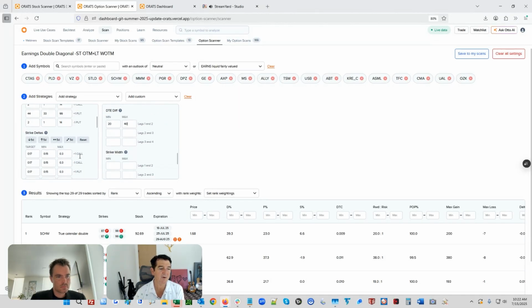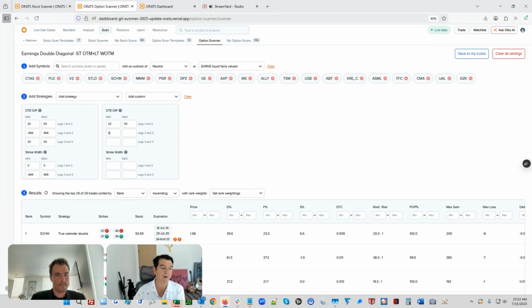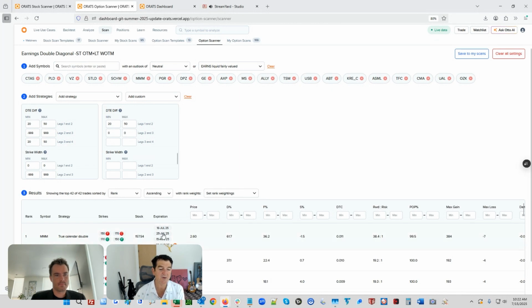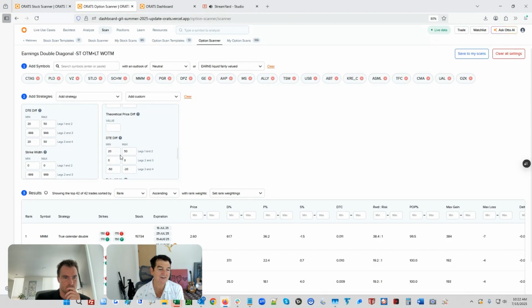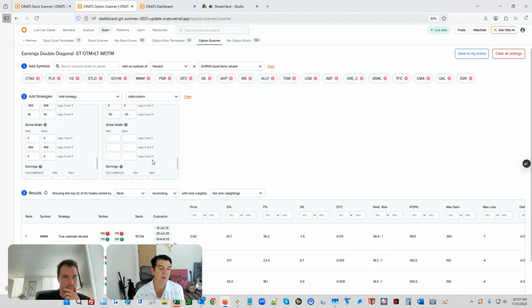That's the same, right? 20 to 50, right? But legs 2 and 3 are going to be 0, because we want those to be the same expiration. That's why we're doing it. Yeah, because you noticed that they weren't. And then 3 minus 4, so that's going to be negative. 2 minus 44. So now it's going to be flipped, right? So negative 50 to negative 20 is the max.